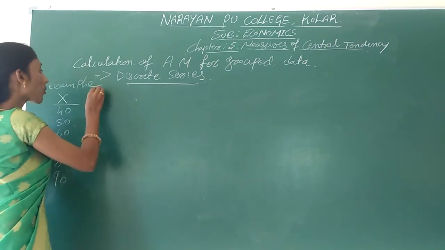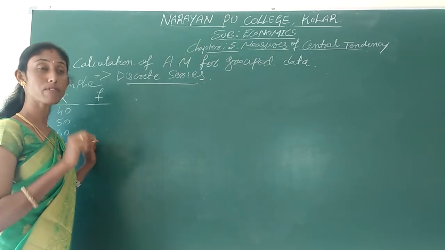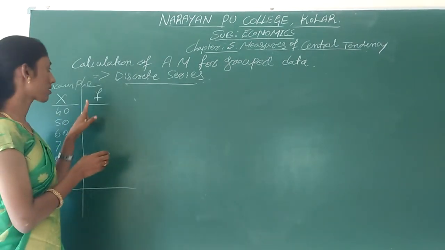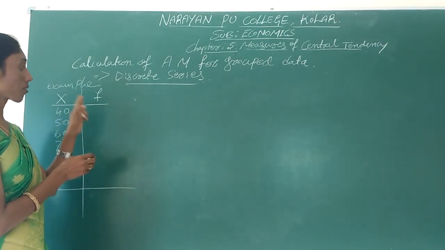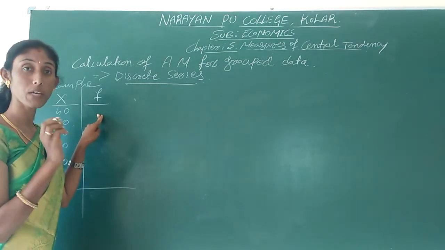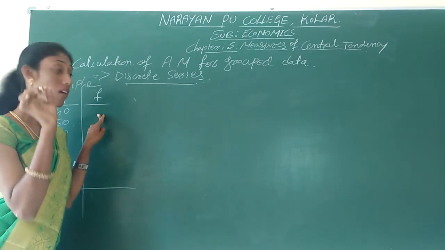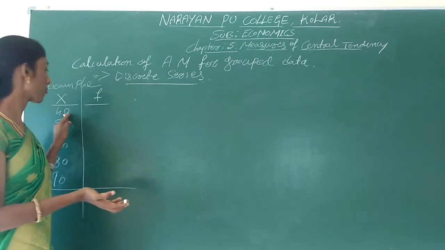And frequency is nothing but how many times the observations appear in the data. Frequency means the number of times the observation appears.